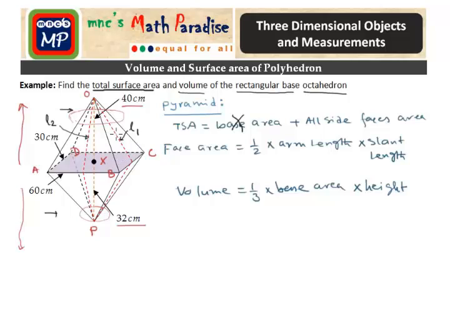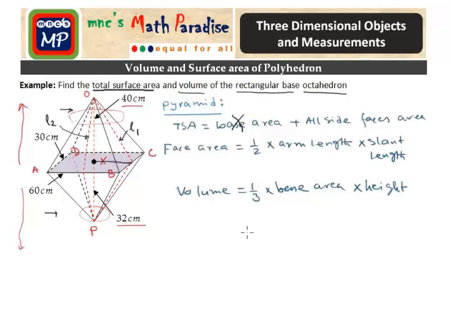Now we need to calculate L1 and L2, these two slant lengths, to calculate the 4 face areas of this top pyramid. To calculate L1, we will use OX and this triangle.